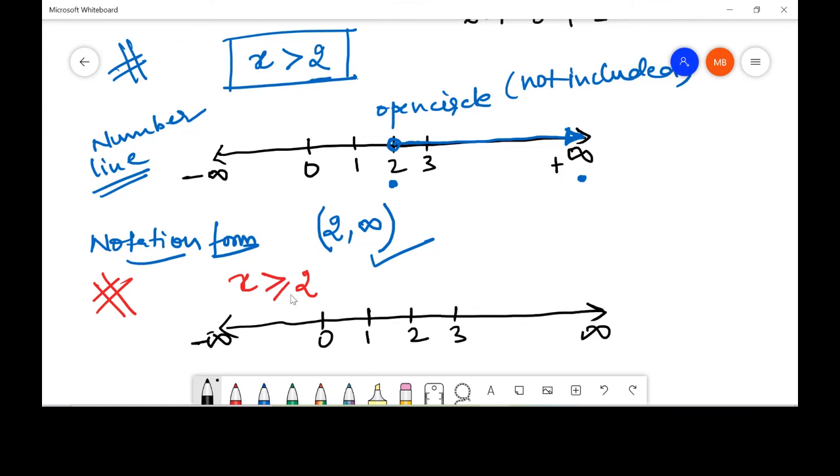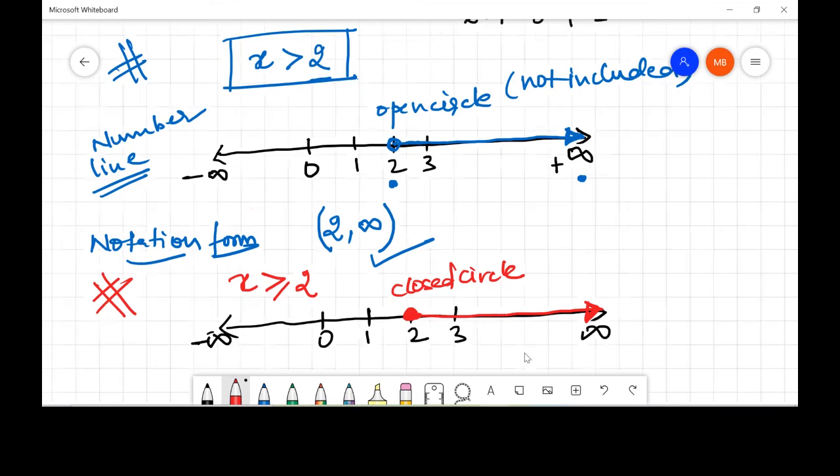Here x is greater than or equal to 2. So this is our 2. X is greater than or equal to 2, which means we have to move to the right, and this time 2 is included. When 2 is included, where we had an open circle before, here we'll have a closed circle. And now, how will we represent this in the interval notation form?